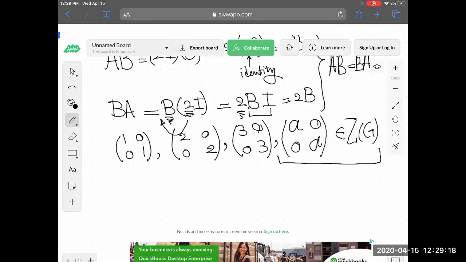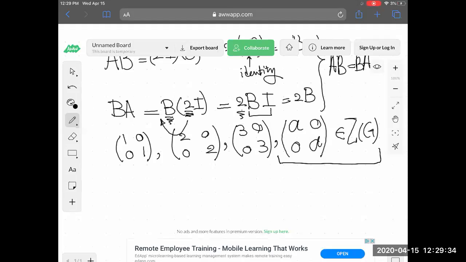Do you know any other example but these matrices I mentioned? Is there anything else in the center? Is there any other matrix which commutes with every matrix? Or do you think it's all? You think there is no other example?